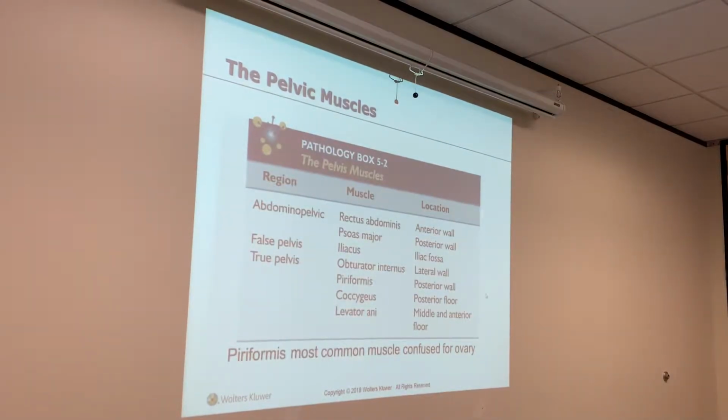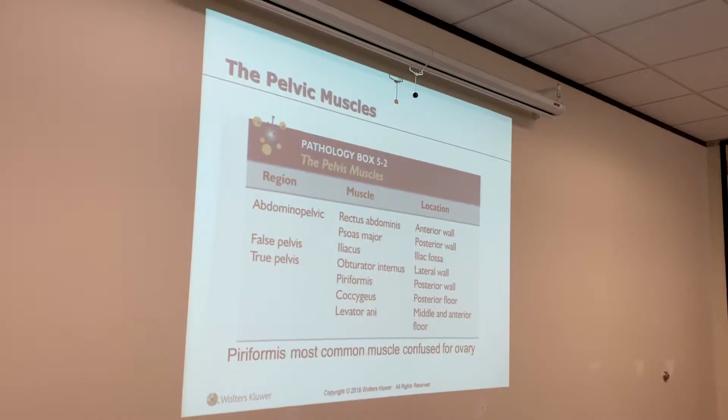Okay, these are the muscles that you need to know pertaining to the pelvis. You've got the false pelvis and you have the true pelvis. Your true pelvis, in the lower pelvis, you have the rectus abdominis, which is the anterior wall of the muscles.